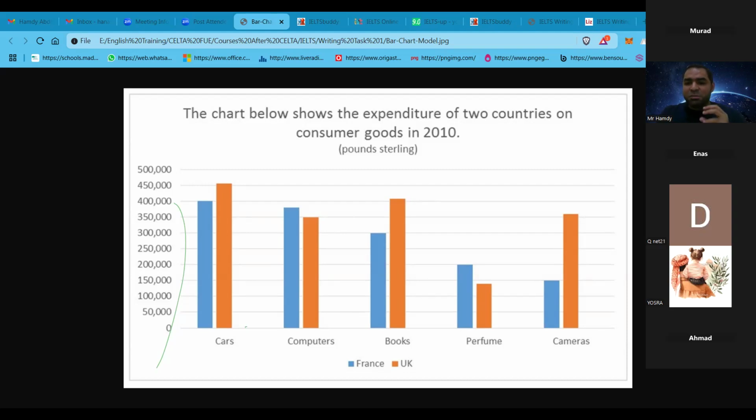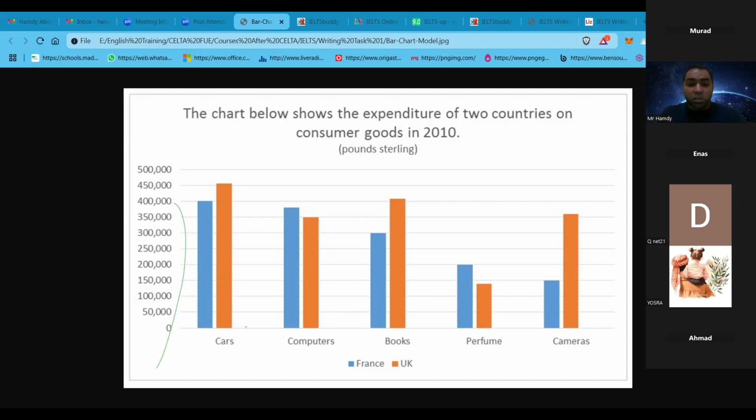In this part, he mentioned specific numbers. He used the specific numbers to show that you understand how to illustrate, how to paraphrase the words that were mentioned in the question itself. Okay, so he mentioned that neither of the countries spent much on perfume, which accounted, and this is another point. This is another point to take care of. Spent least on perfumes.